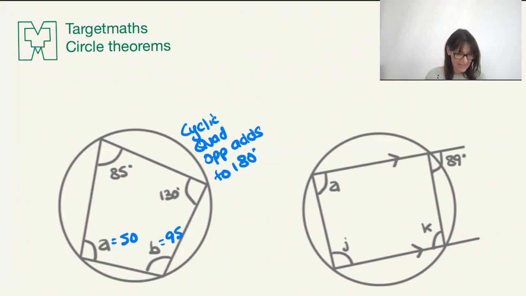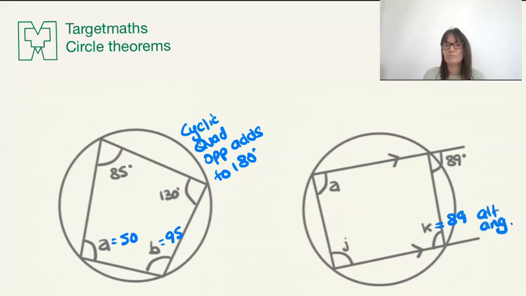So let's have a little look. I can see that I've been given this angle here. If I travel on down and make that Z shape, then I've got an alternate angle and I've got K is equal to 89, literally just K is equal to 89, and I used alternate angles.